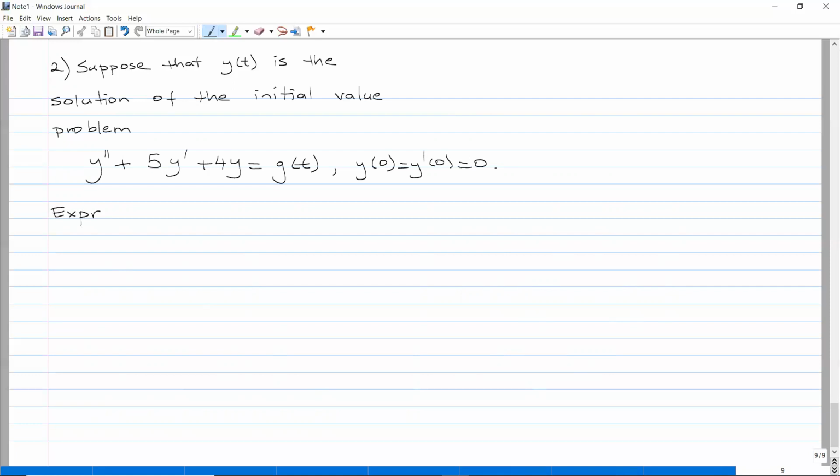Express y in terms of the function g. So this is the question.